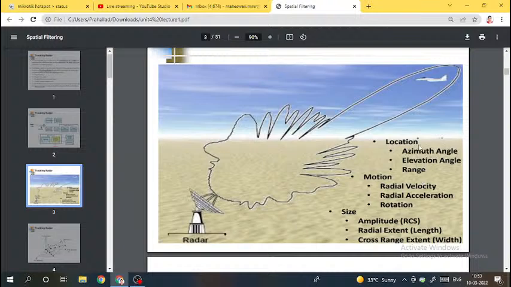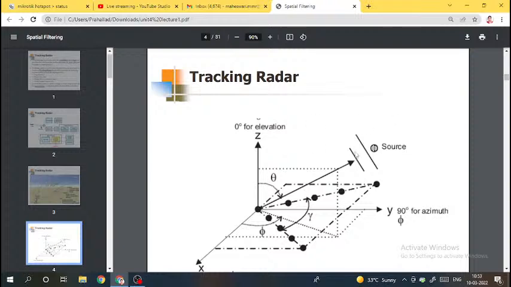These three parameters will give you the complete location of your target, right? Look at this. Suppose this is your target, and assume that you have your radar antenna here. If you join these two, this will give you the range, isn't it? The range from the radar to the target. With the x-axis, this is the elevation axis.